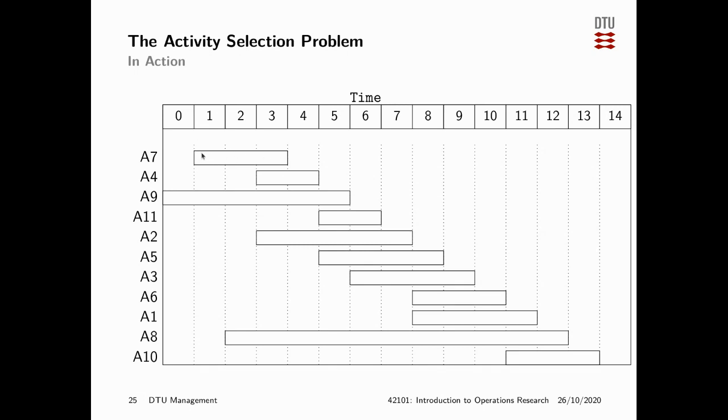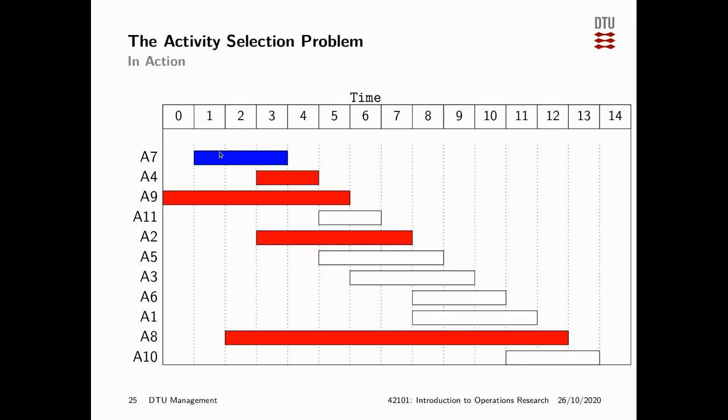So activity 7 starts at time 1 and runs until time 4. The greedy heuristic says that we should select activities in order of increasing completion time. So we start by selecting activity 7.